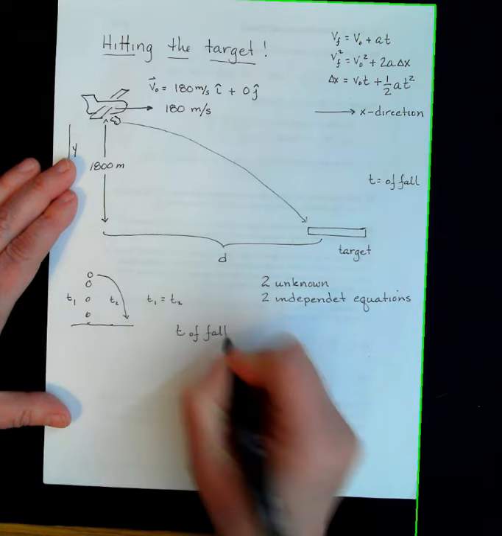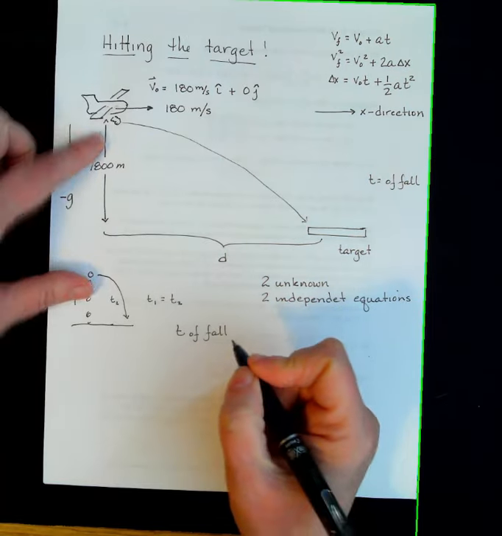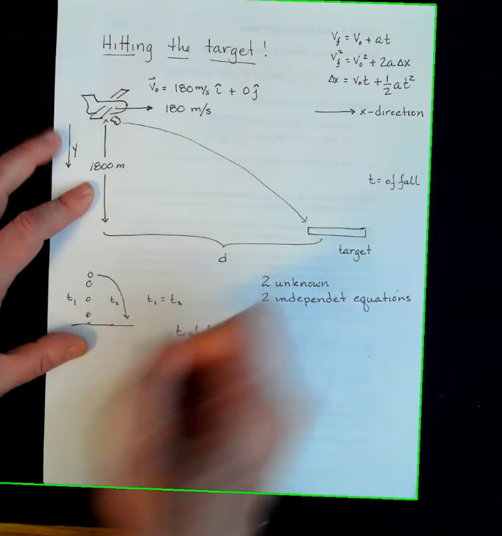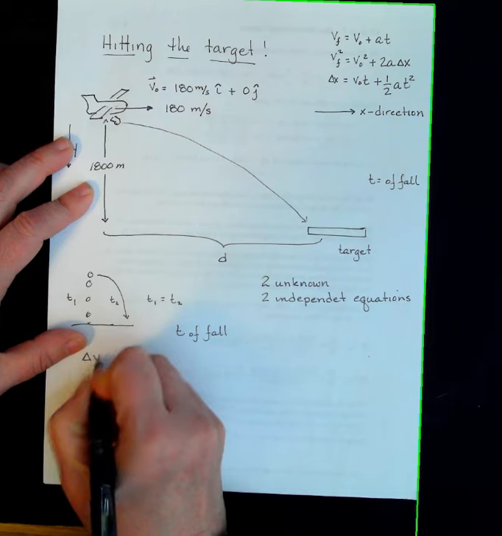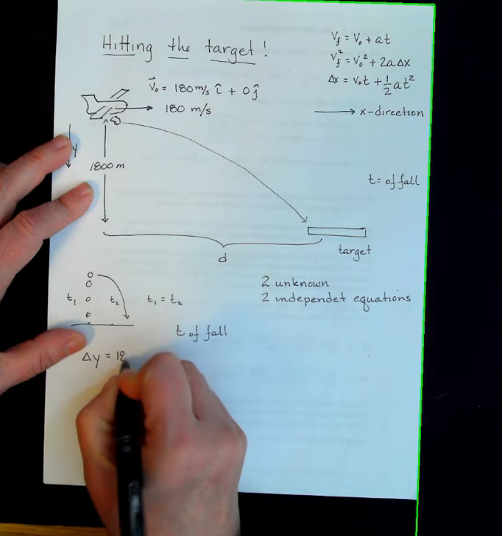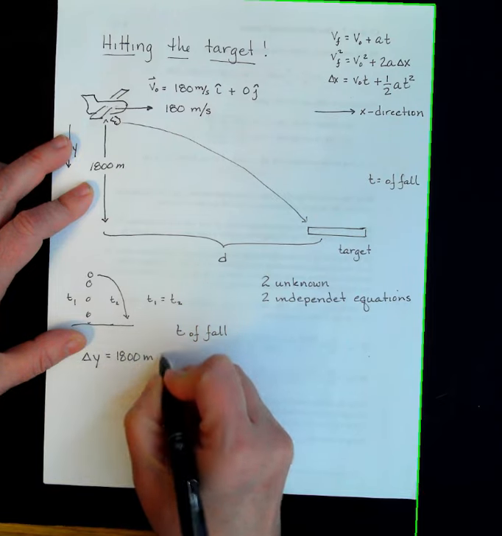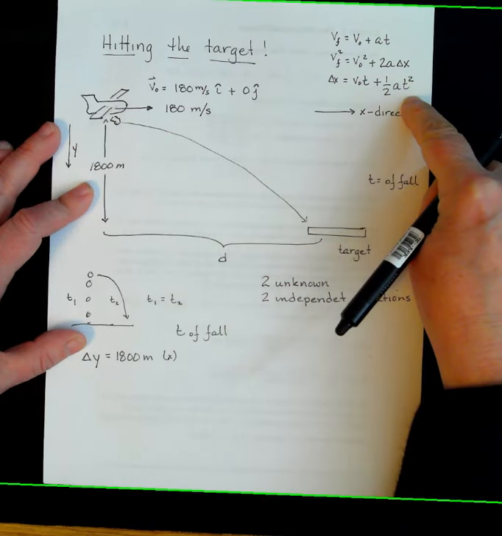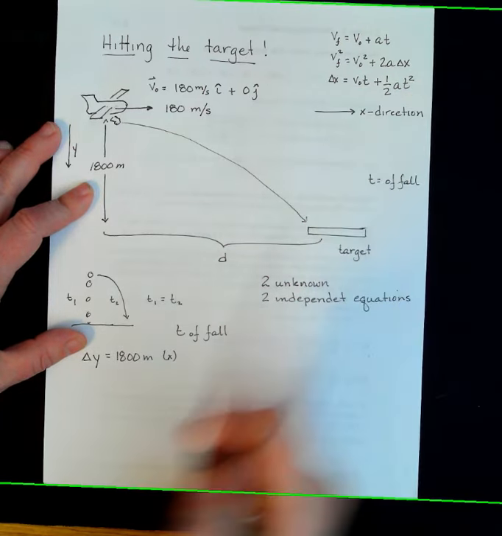All right. And to do that, I've got a change in position. So I have my change in y is equal to 1,800 meters. So this is kind of my x when I'm looking at my three equations up here that I'm going to use.